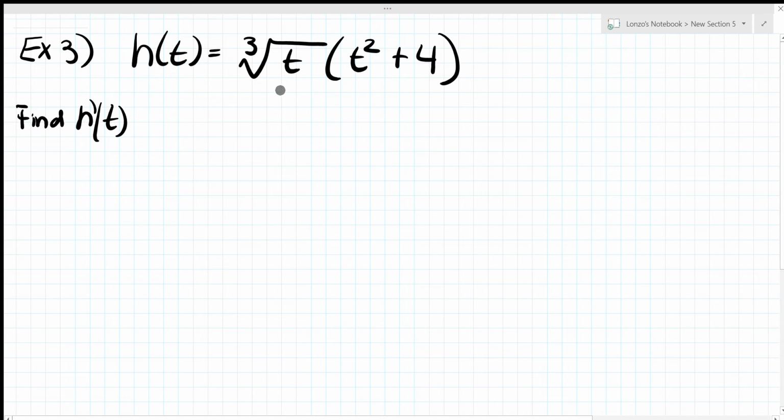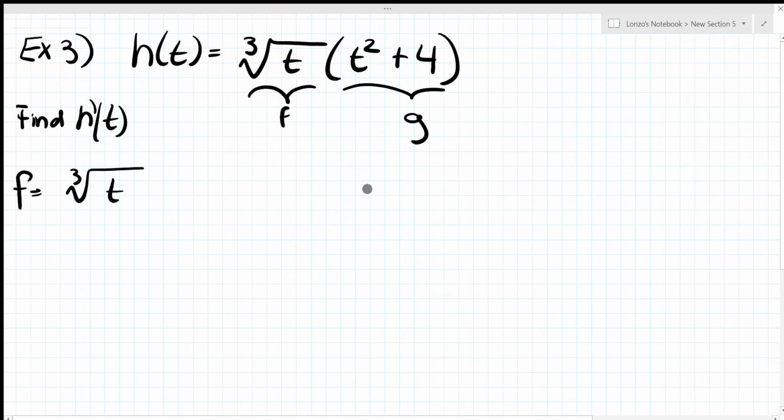My f is the cube root of t, and my g is this whole thing, t squared plus 4. So our f is cube root of t, and my g is t squared plus 4.